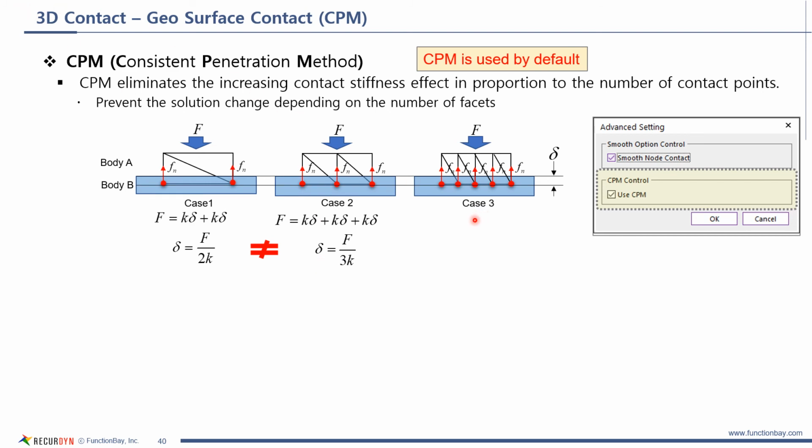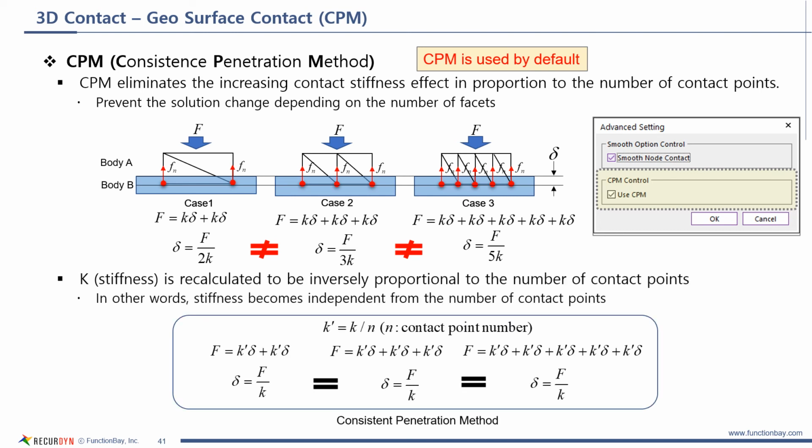In case 3, the penetration becomes F over 5K. It means for the same model, penetration can be different depending on the number of contact points. In other words, the simulation results can be different depending on the number of contact points.